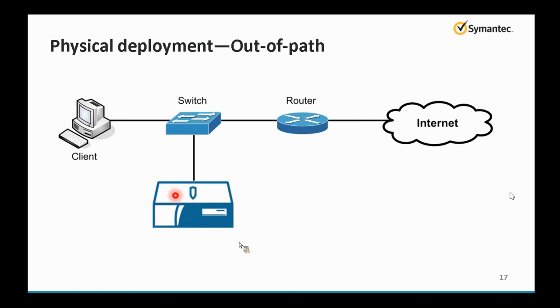Or if you want to have load balance redundant, you can just put a load balancer here and then point the user configuration to the load balancer virtual IP. Load balancer will just load balance traffic to multiple proxy. So if you have multiple proxy, put load balancer here, you can achieve explicit deployment. Okay?